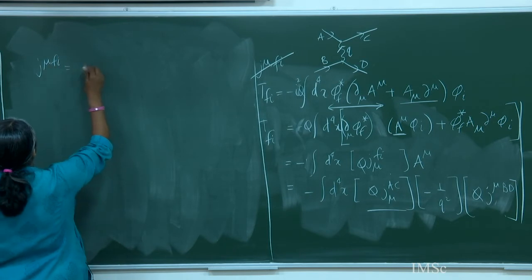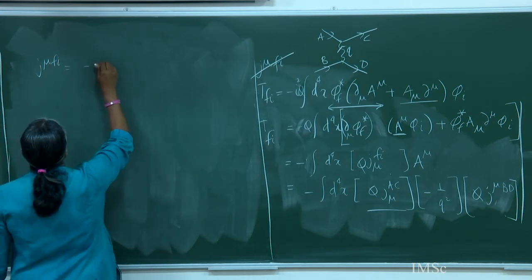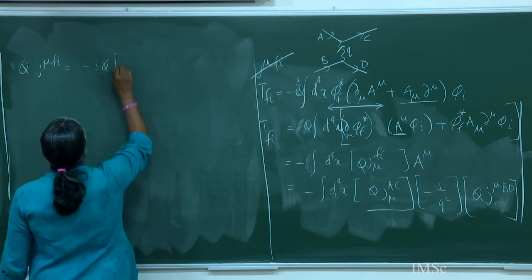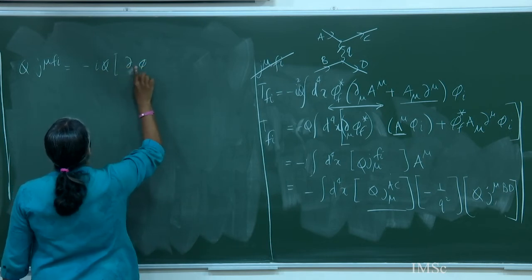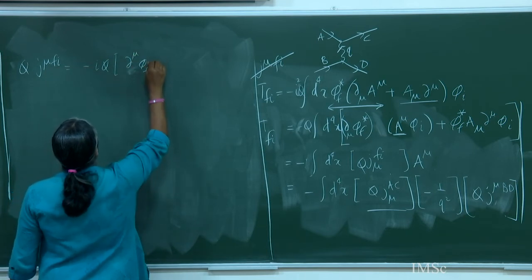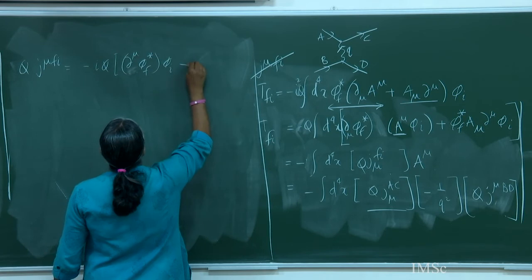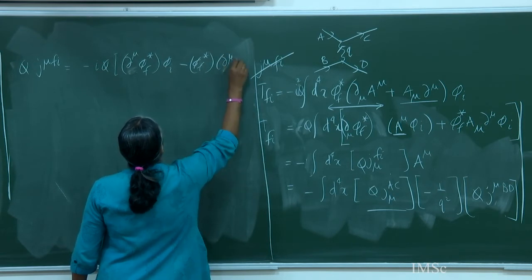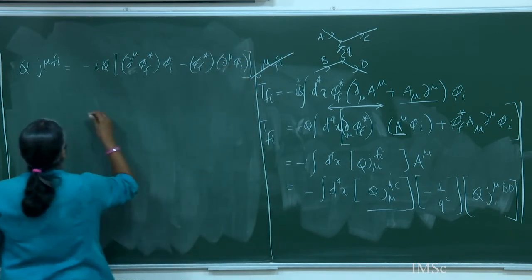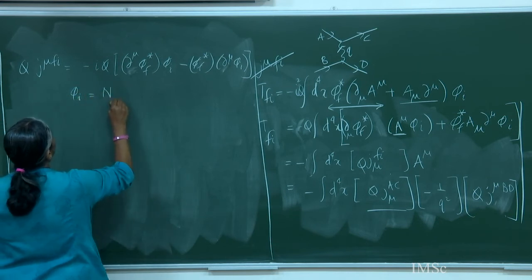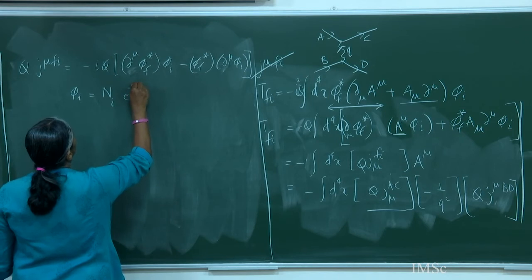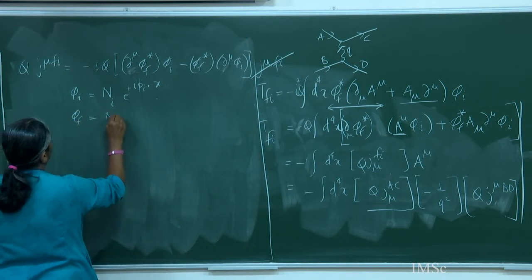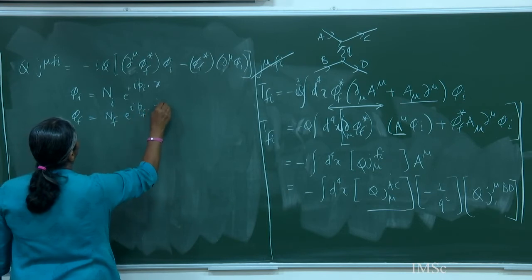So let's write phi i is, let's put the Q over here if you want, minus i, and then we wrote phi i as N_i e to the minus i p_i dot x.